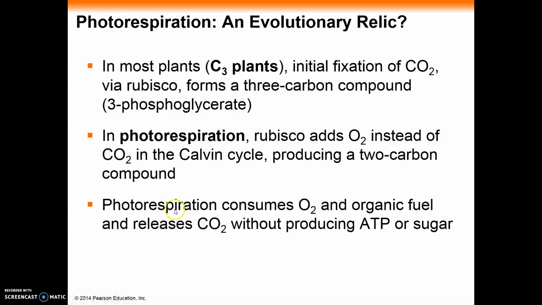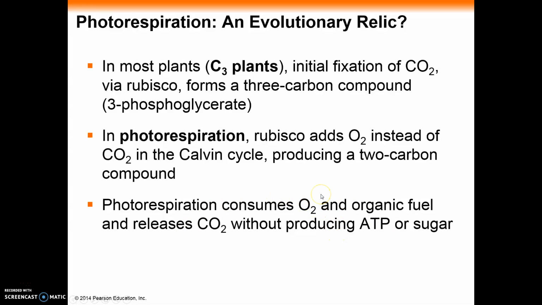This means that photorespiration is going to consume oxygen and it's going to consume organic fuel and it will release CO2 without making ATP or sugar. That is a huge problem, okay? Which is why a lot of plants will not grow in the desert, okay?